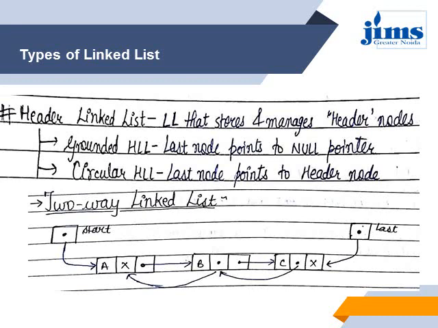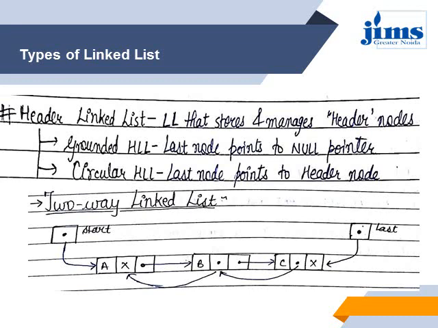The node containing A has a forward link to B, but it does not have a backward link, so it is set as null. Node B has both forward and backward links, so it is pointing there. Node C has a backward link but does not have a forward link, so this forward link is null.